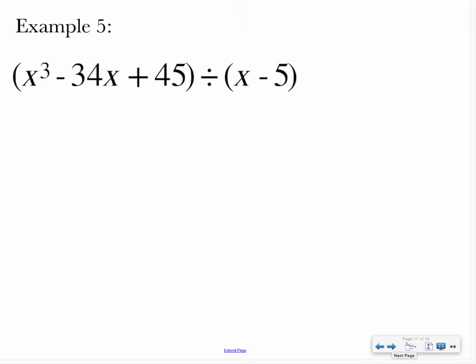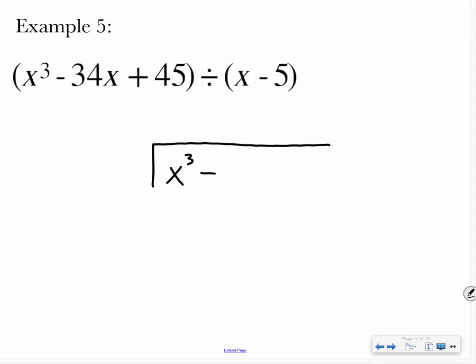Example 5. We have an x cubed minus 34x plus 45 divided by x minus 5. Okay, so let's start by writing what we have. We have an x cubed. Do I have any x squareds? No. One thing with dividing monomials, binomials, all of that, you always need to have a placeholder for each one.